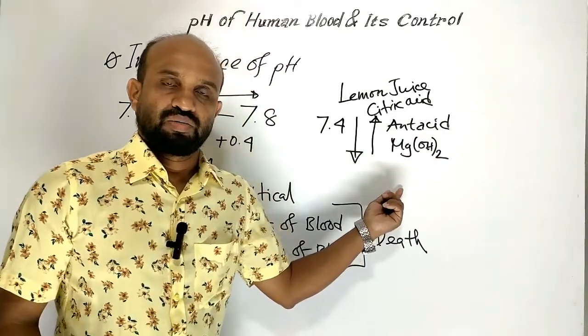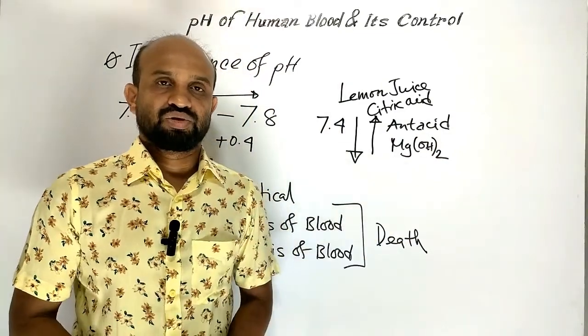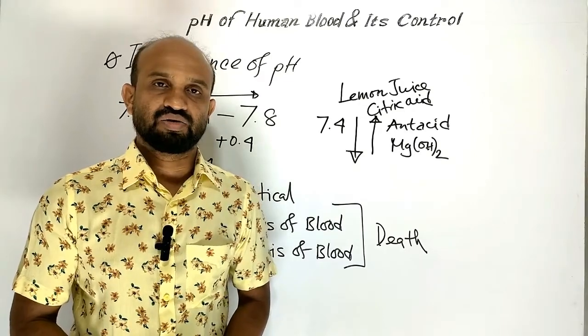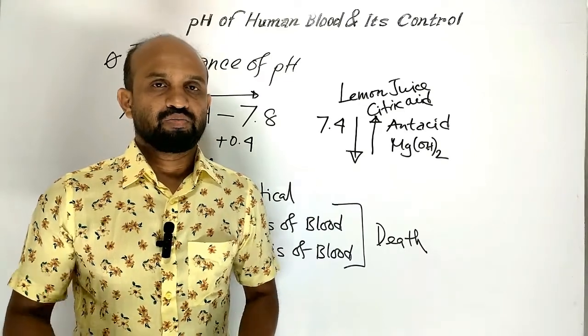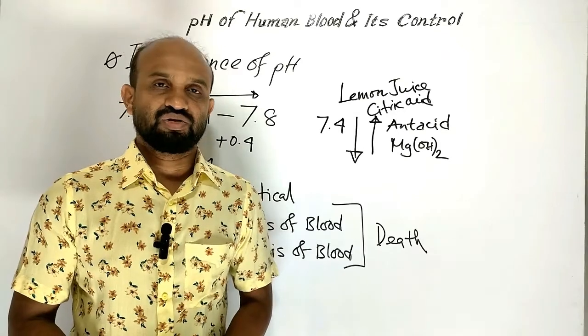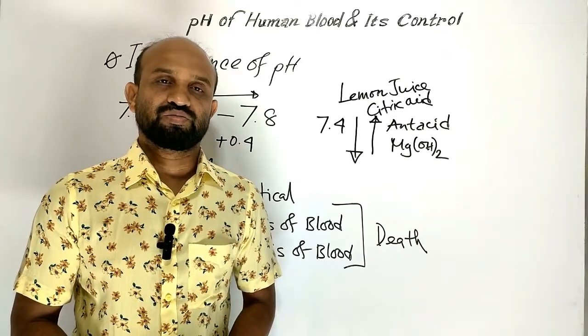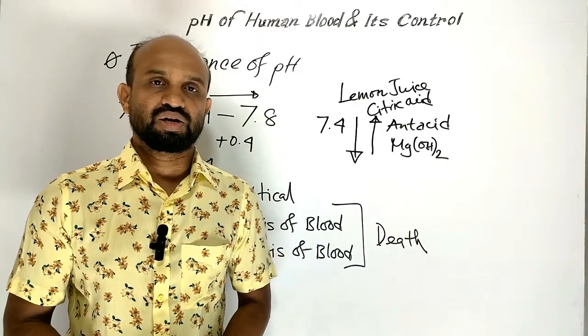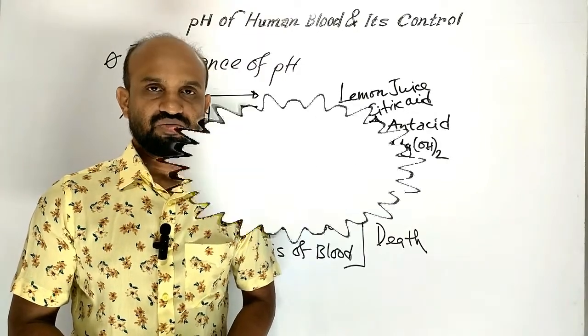So, for taking foods or medicines, pH value may decrease or increase. But blood is a kind of buffer solution that controls pH value change. Now let's see mechanism of pH controlling by blood itself.